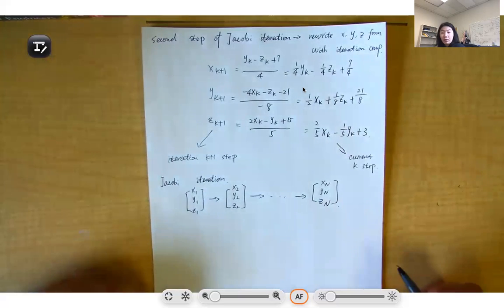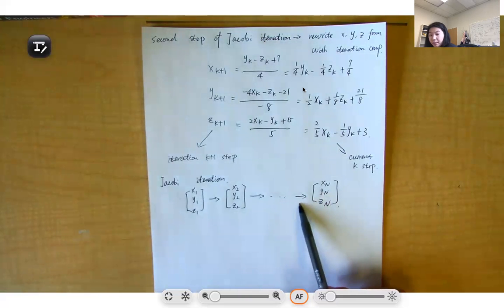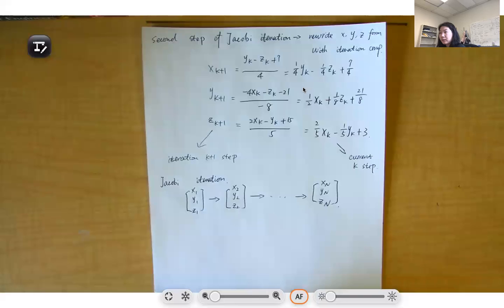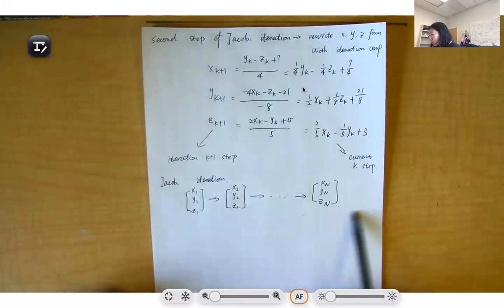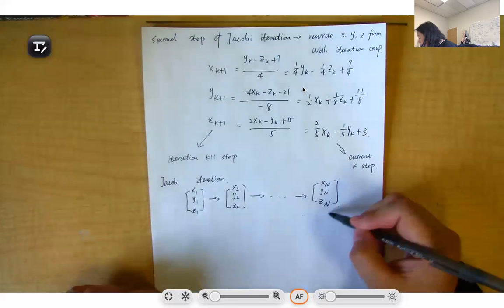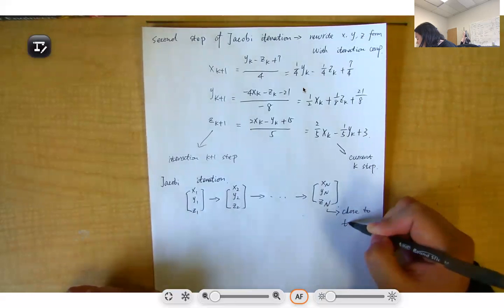And what you are going to do is compare the next step and the current step, and you can see the difference. When their difference is close enough, that means they are getting to the true values. So they are going close to the true value.